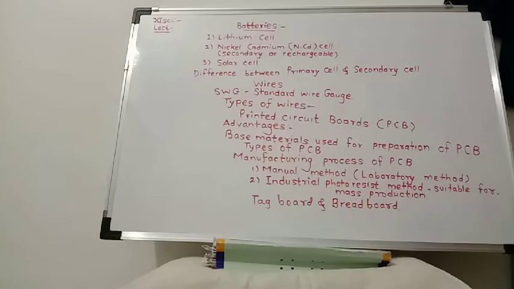For electronic circuits, hookup wires of gauge number 22 are used. In SWG, the diameter of wire is specified, and cross-sectional area is measured in circular units, which is equal to the square of the diameter.